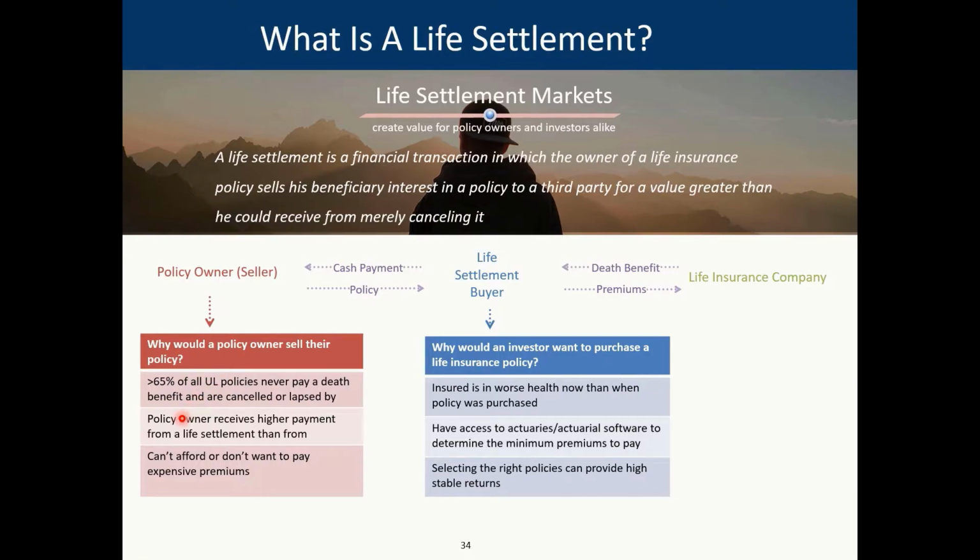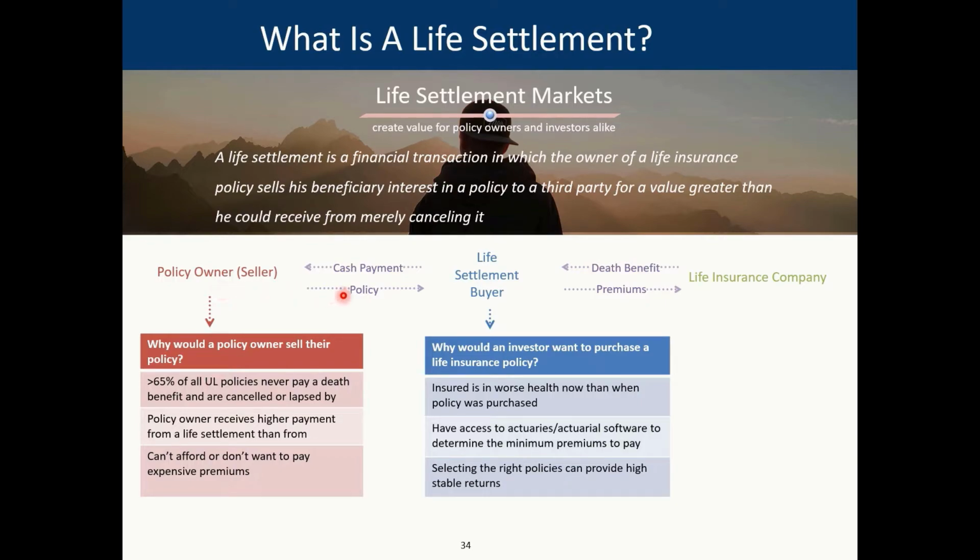The policy owner realizes that if they cancel it, they'll get hit with surrender charges and not really receive a lot back. So they realize they actually get a lot higher payment from selling the policy on the life settlement market than they can from just canceling it. The other issue is that they can't afford or don't want to pay the expensive premiums on the policy. It just doesn't make sense anymore for them.